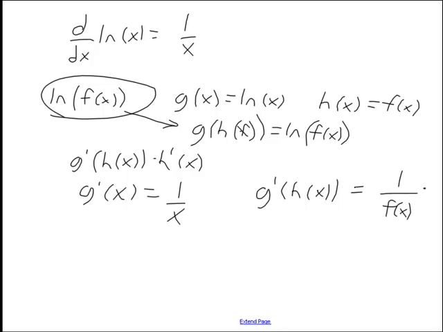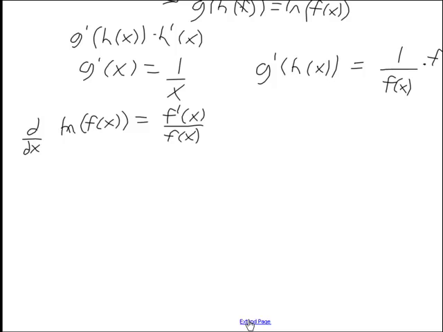Well, if we take the derivative of h of x, it equals the derivative of f of x, f prime of x. So when we simplify, we can show that the derivative with respect to x of the natural log of some function f of x will be equal to f prime of x over f of x. So that's simply the derivative of a natural log is the derivative of the argument divided by the argument.